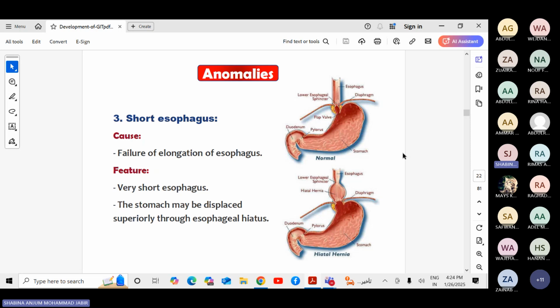In that condition, the stomach may be displaced superiorly because the short esophagus will pull the stomach upwards through the esophageal hiatus.